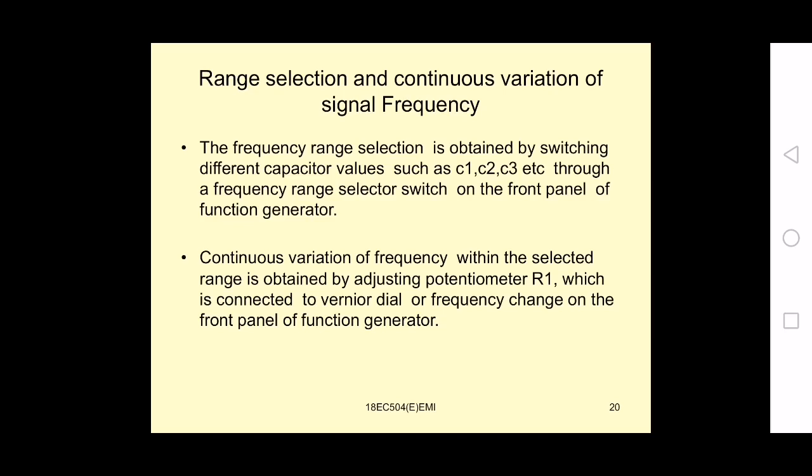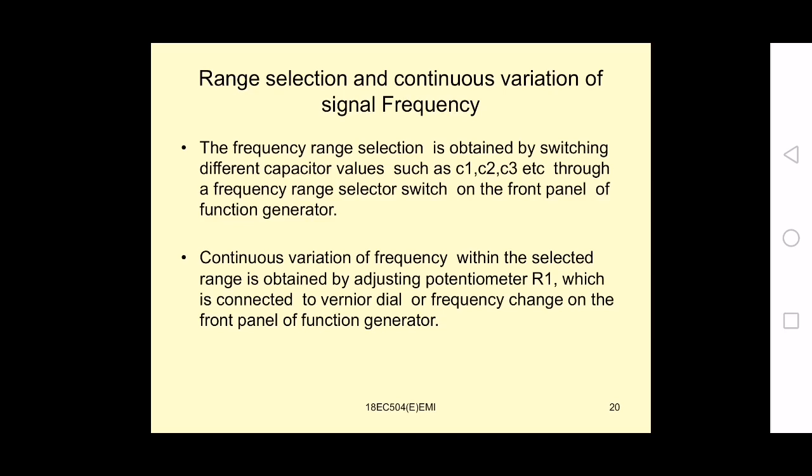If you are going for C1, you have one frequency range. If you are going for C2, another frequency range. If you select C3, you get another frequency range. That is, frequency range selection is obtained by switching different capacitor values such as C1, C2, C3 through a frequency range selector switch on the front panel of the function generator. Within that frequency range we have to change the frequency again.